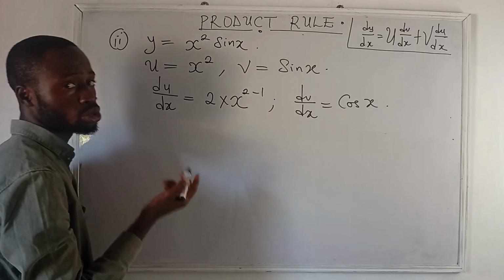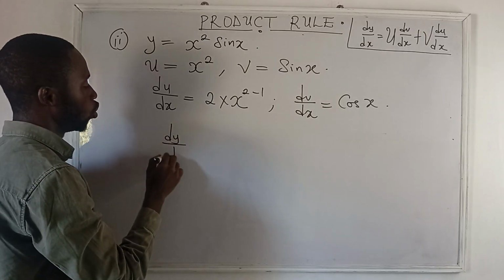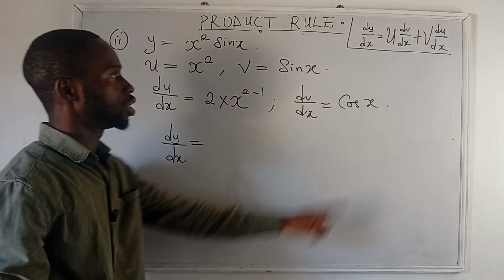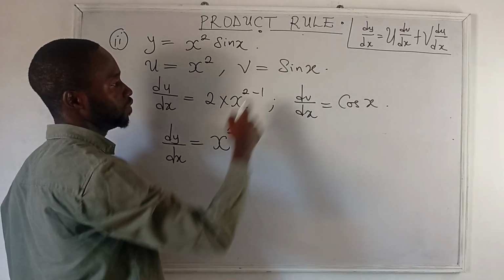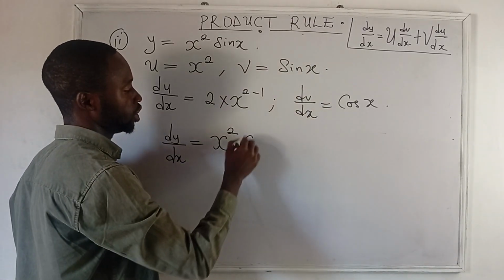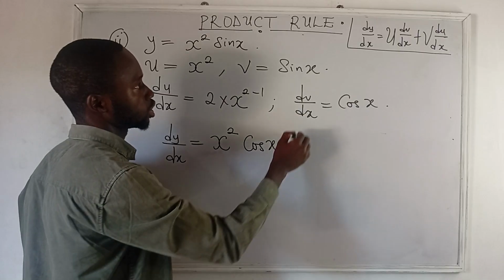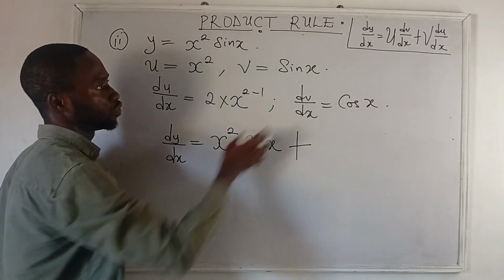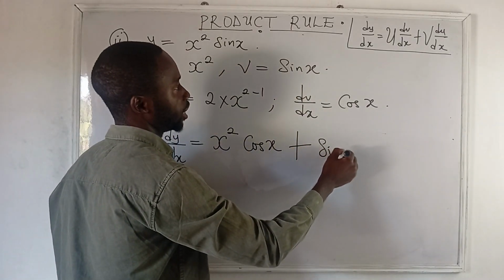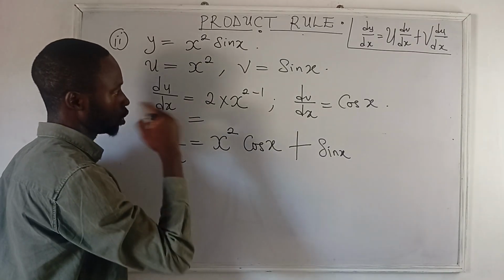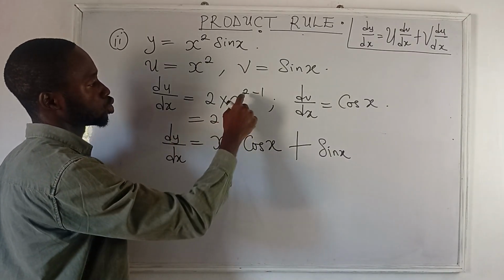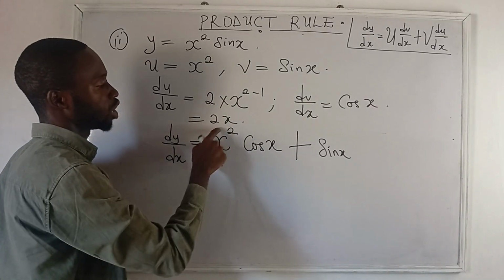Now let's introduce it into our formula. We are going to have dy over dx equals u, which is x squared, times dv dx. Obviously from here dv dx is cos x, plus v, which is sine x, times du dx, the last thing that we have here, which is going to give us 2x, because 2 minus 1 is 1, then we're going to have 2x.